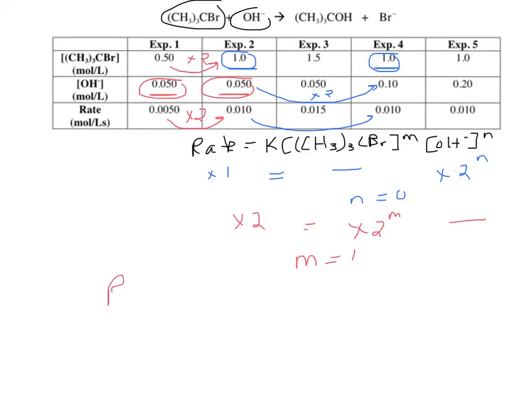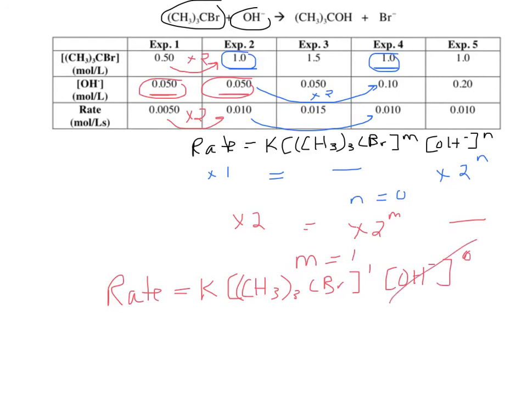So my rate law is K times the concentration of this compound to the 1 times the concentration of OH minus to the 0, which of course is just 1, so we don't write it at all. So we just say rate is K times the concentration of this compound.